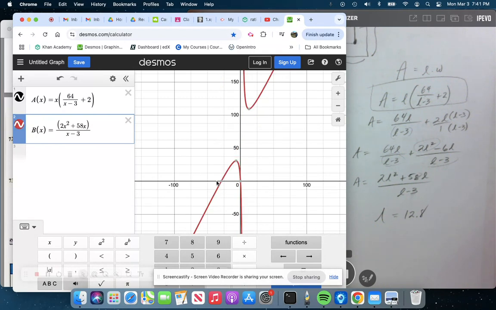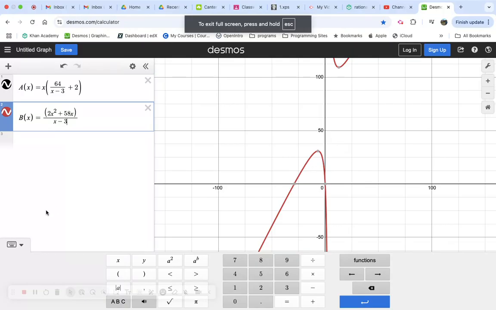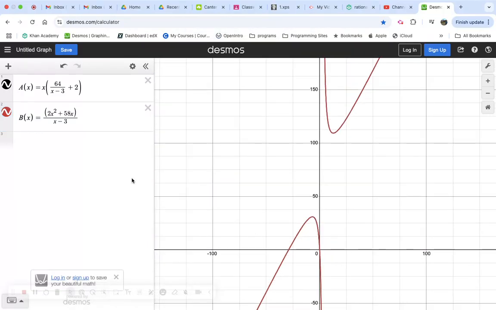And they match up, as you can see right here, right? So if I get rid of that, bring this down. So if I turn this red function off, you see it's the black. So they are the same.